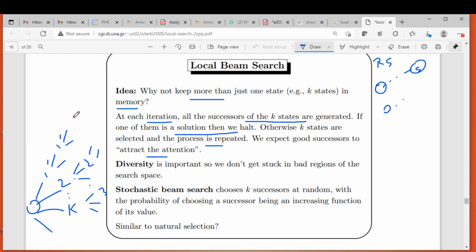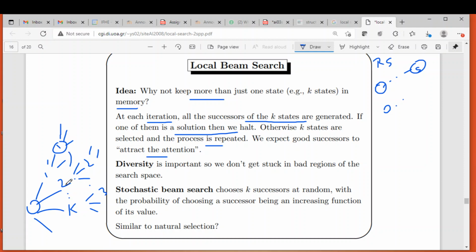But there is one problem with this algorithm: it will converge quickly. Even though there are different branches, the node which has the best successors, everything will go towards that.